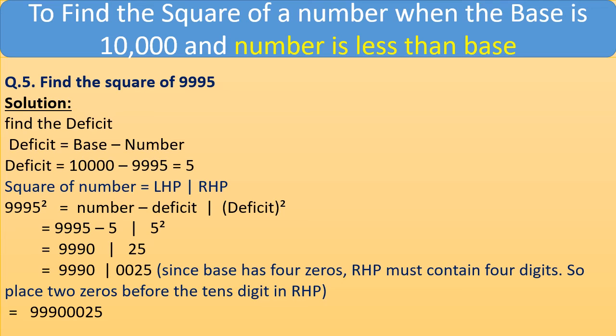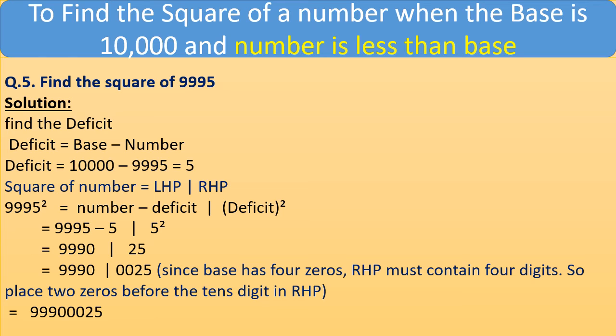Now the square of the number will have two parts, LHP and RHP. LHP formula will be number minus deficit and RHP will be deficit square. So number minus deficit is 9995 minus 5 and deficit square is 5 square. Now after solving, LHP will be 9990 and RHP will be 25.